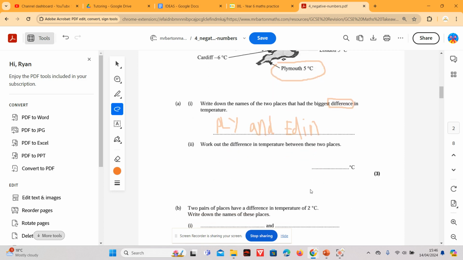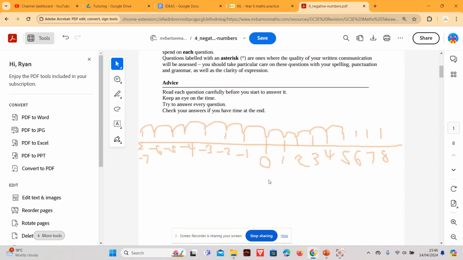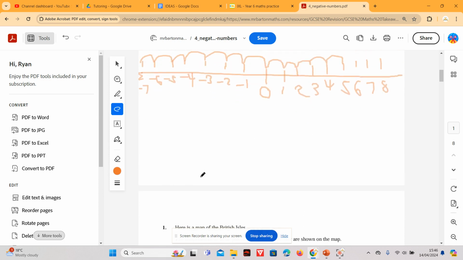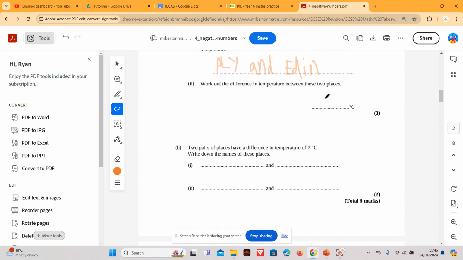And luckily enough, it also asks us to work out the difference in temperature between these two places. We've just used the number line, and we have identified from all these bumps 1, 2, 3, 4, 5, 6, 7, 8, 9, 10, 11, 12. So you just put 12 in the answer box. I hope that makes sense.